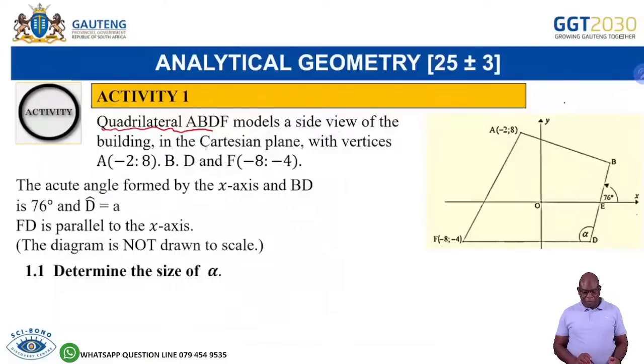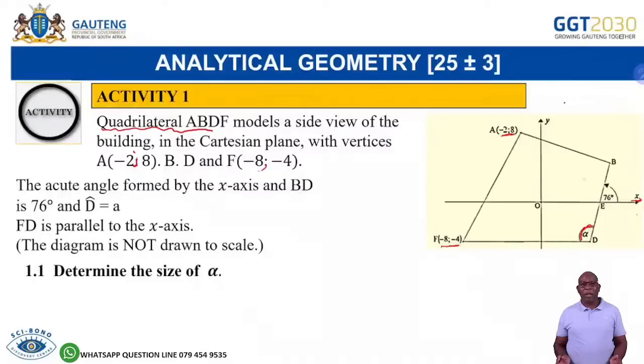The question shows a side view of a building in the Cartesian plane. The A point is given as minus 2 and 8. We have minus 8 and minus 4 given at F. We have an angle which is given there. Can you see that angle is not between the x-axis and a line?